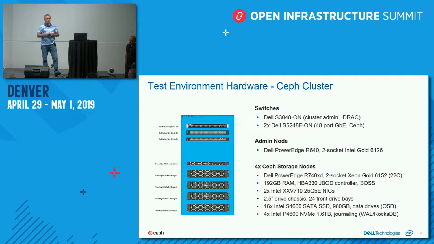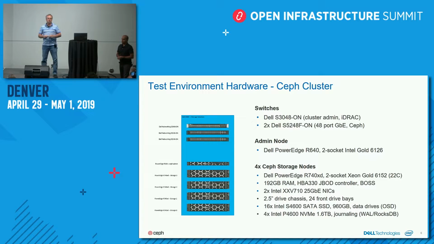There are no real special hardware requirements on that particular one, so it's just kind of a garden variety R640. For our Ceph storage nodes, we chose the R740XD, and we're using dual Xeon Gold 6152s, which is at the higher end of the Gold spectrum. This is 22 cores, 192 gigabytes of RAM.